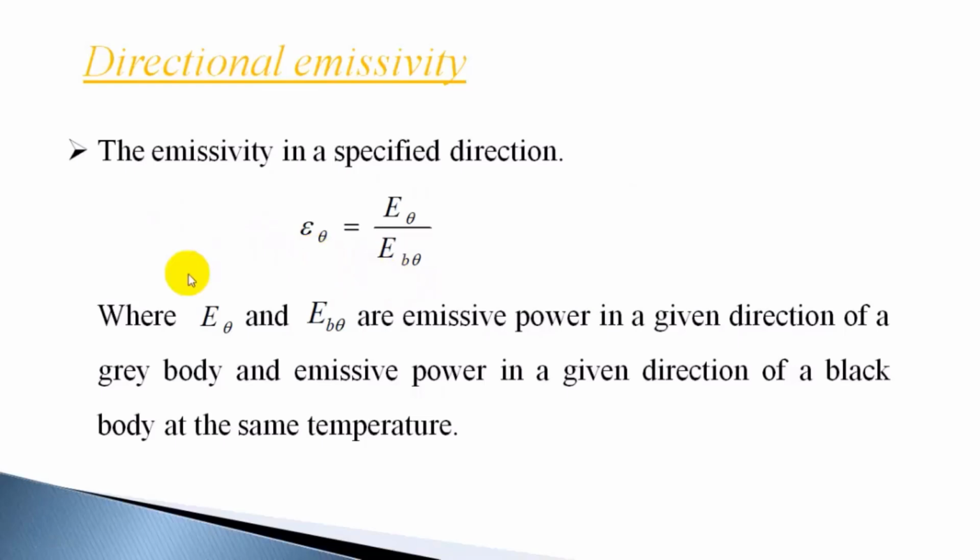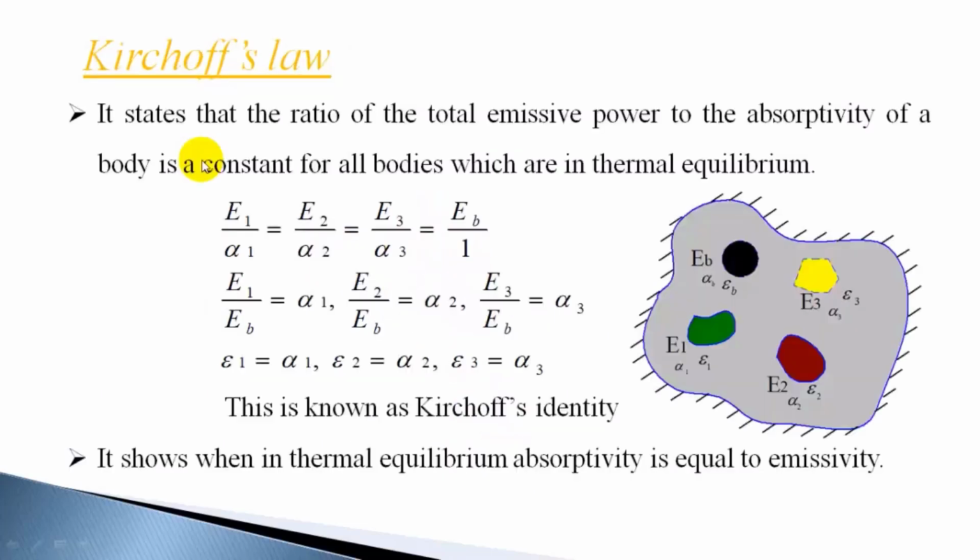So directional emissivity is the total emissive power of a real surface in a specified direction to the total emissive power of a black surface in the same direction when they are at the same temperature. When both the bodies are at the same temperature, you should compare. Since the black surface will emit maximum radiation in any particular direction, the directional emissivity of a real surface is always less than 1.